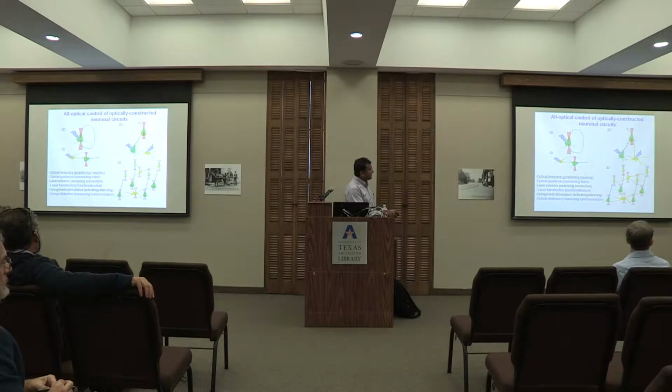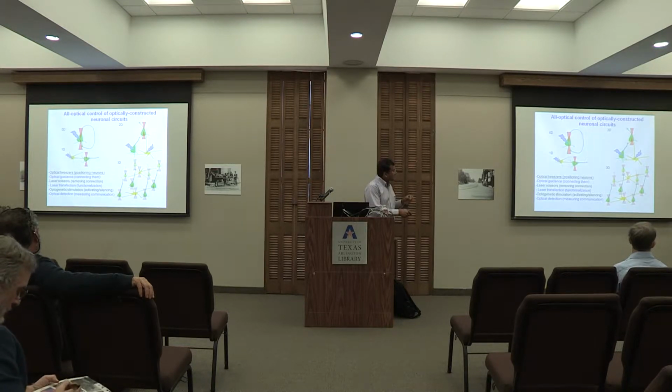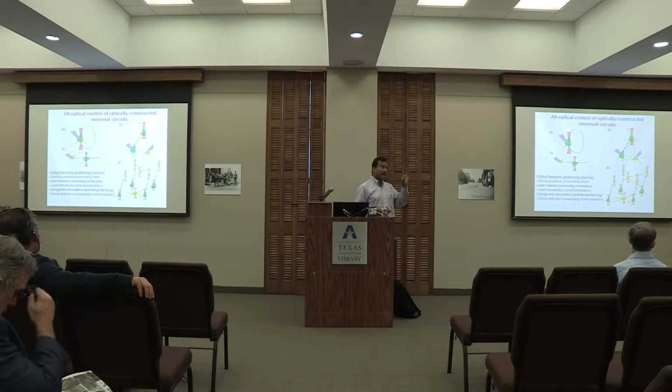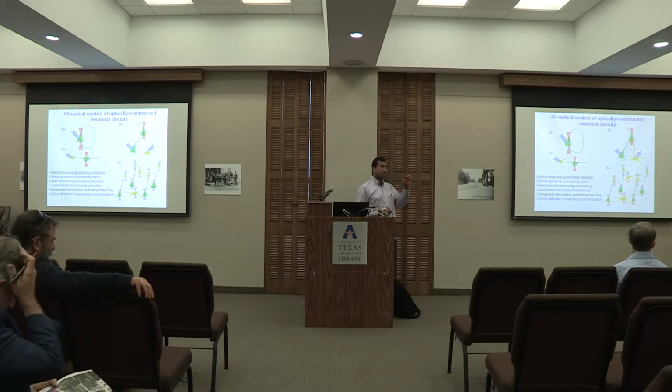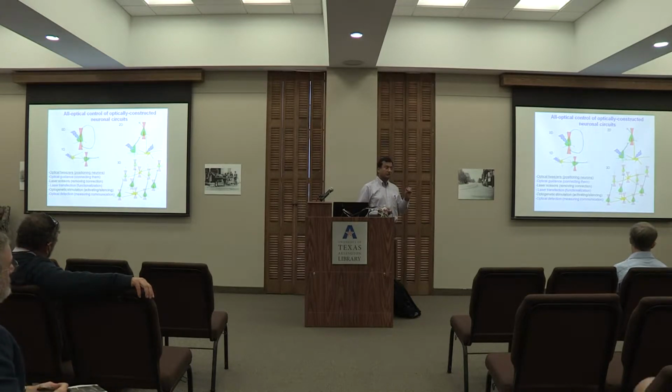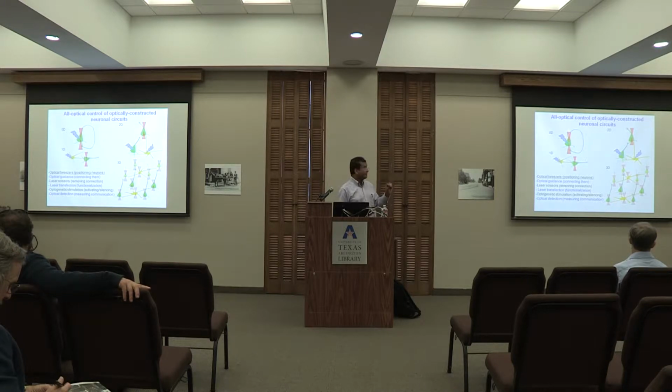Let's say you construct a circuit like that, and then I shine light, all white light, everything will get stimulated. But we want particular cells to be specifically encoded with some information. Information means, if I give pulses of light, I can make that neuron fire, synchronized to my light. Okay, but if you want to genetically target that to a specific group of cells, then we do something called optogenetic stimulation.